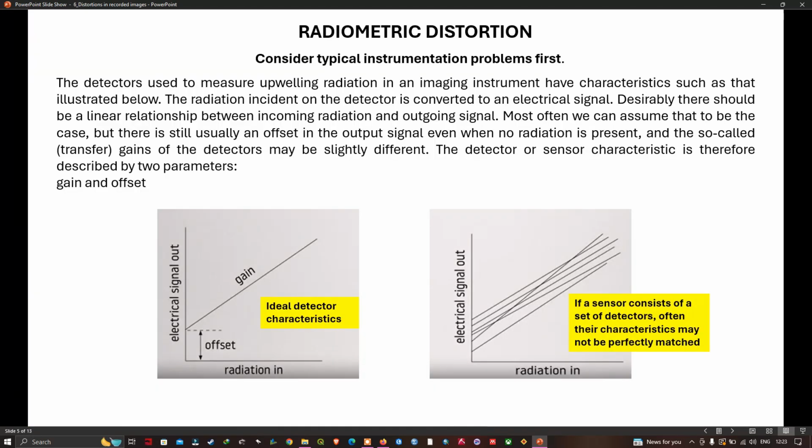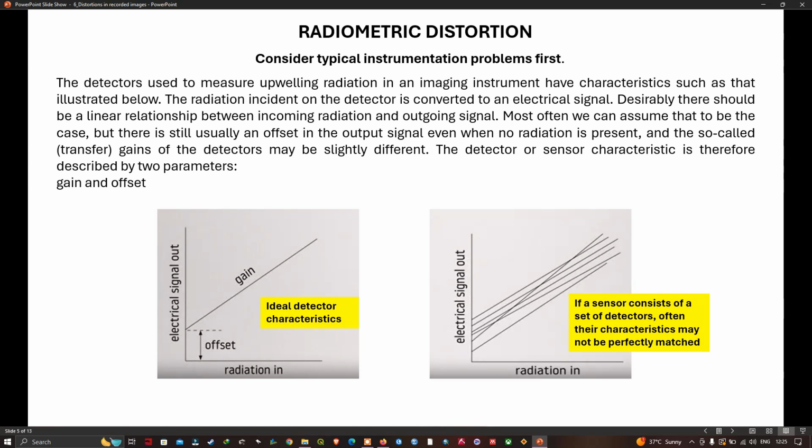We are particularly interested in the behavior of the radiation detectors that measure the upwelling energy in each band. As you can see on the bottom left hand side of the slide, the ideal radiation detector has a linear characteristic that indicates the magnitude of the electrical signal generated by a certain level of incident radiation.